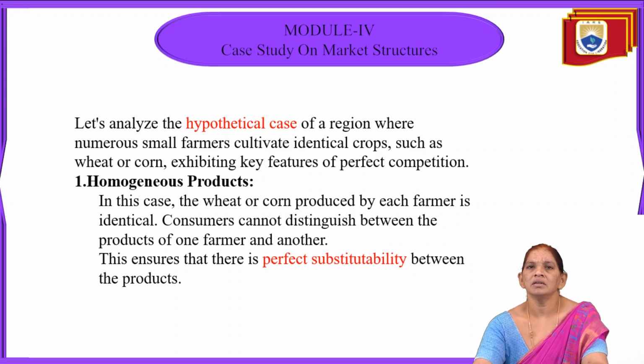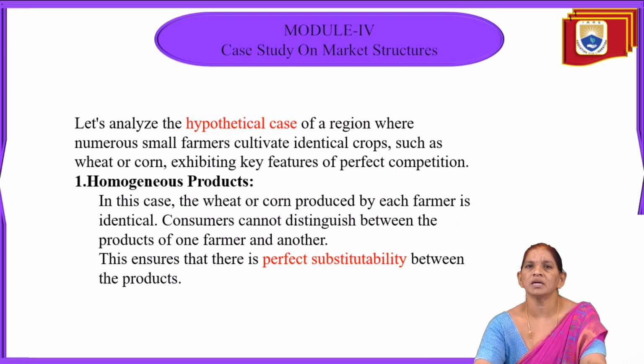A certain region is famous for cultivating one or two crops, so all cultivate the same type of crop, which is identical. Maybe we consider a wheat crop or a corn crop. Now we can see how the features of perfect competition are analyzed in this hypothetical case study.